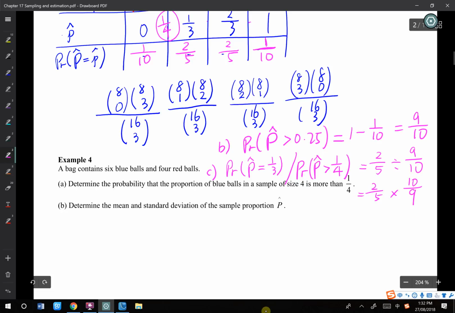We times by that, that is 4 over 9. Okay, 4 over 9. That is 1, that is 2, so that's a 4 on 9.